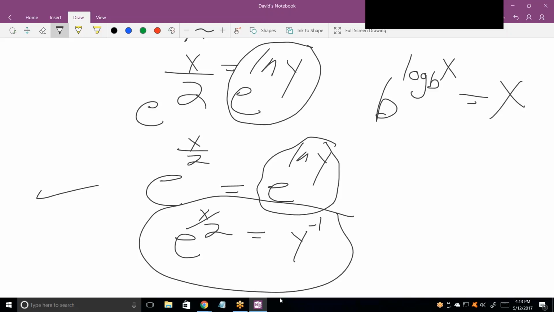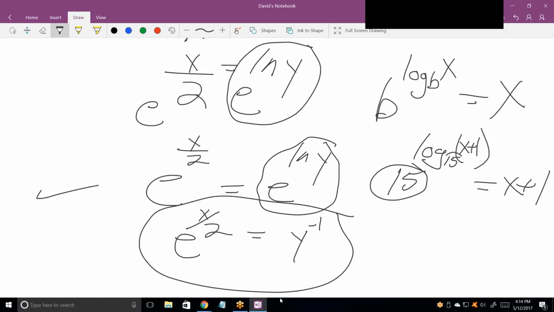So if I had 15 to the log base 15 of x plus 1, that's equal to x plus 1. So whenever this number is the same as that number, the answer is that, always.